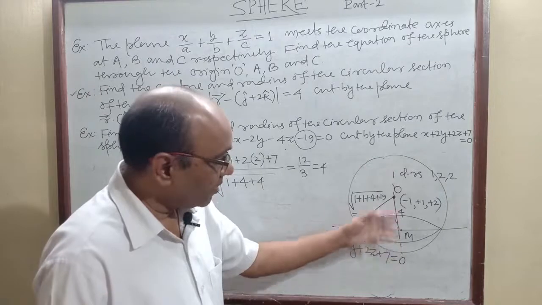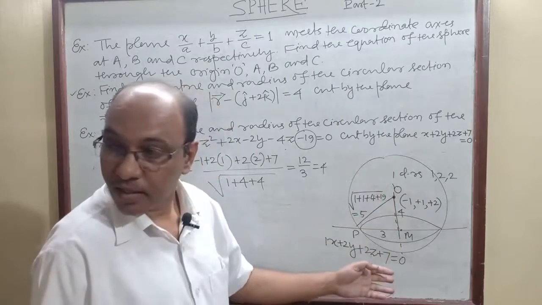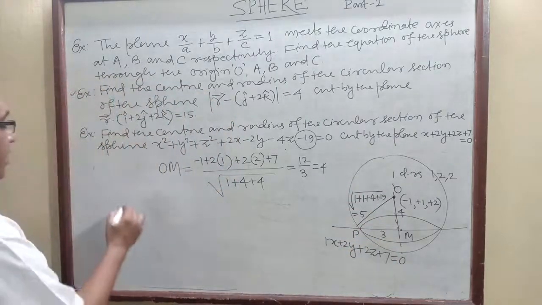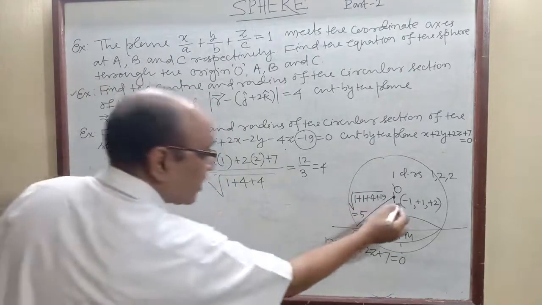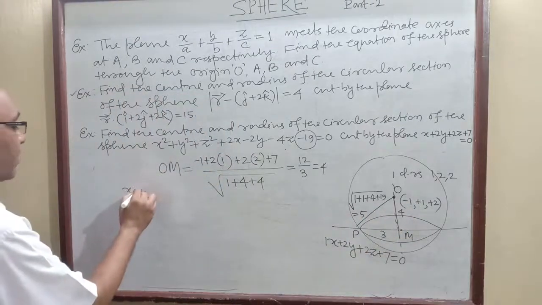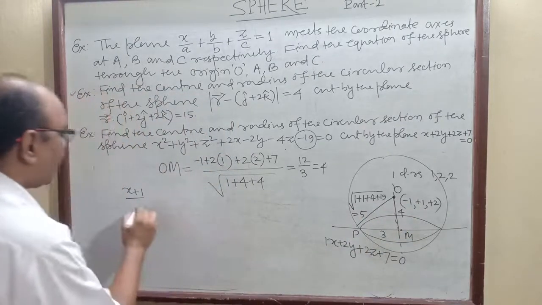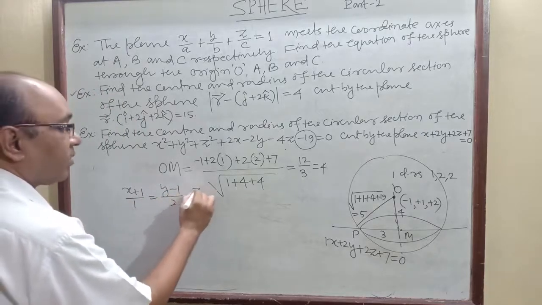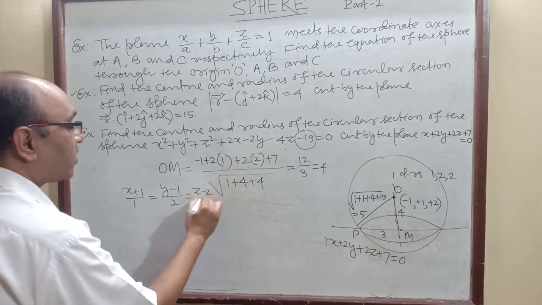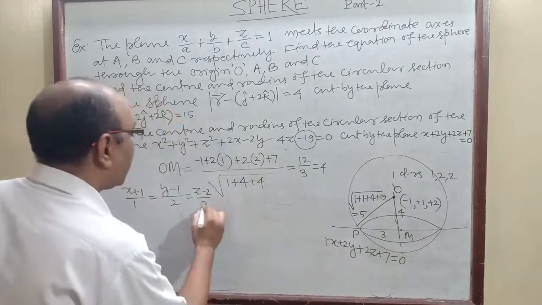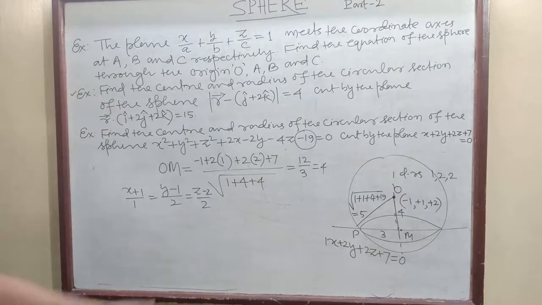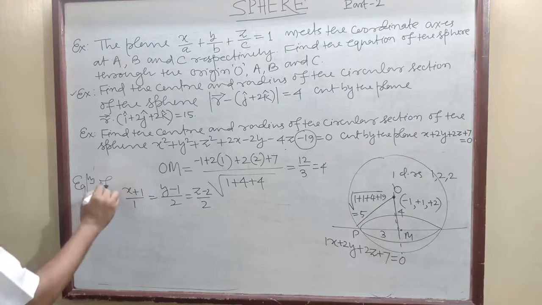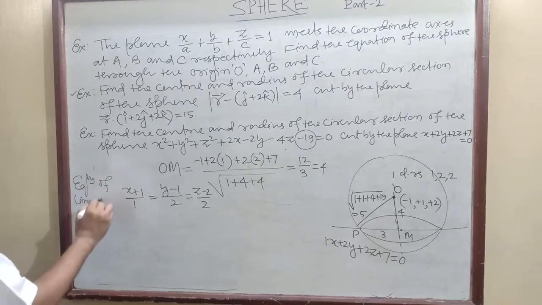And this line OM is also normal to the plane. So the equation of this normal line OM can be written as (x minus x1) by 1 equals (y minus y1) by 2 equals (z minus z1) by 2. In this way we can write the equation of the line PM.